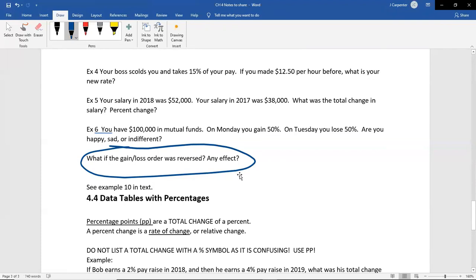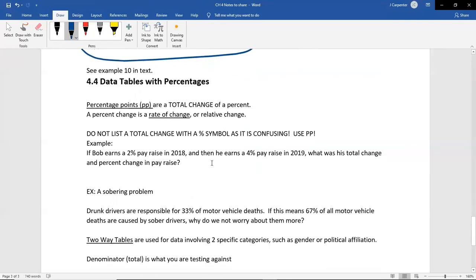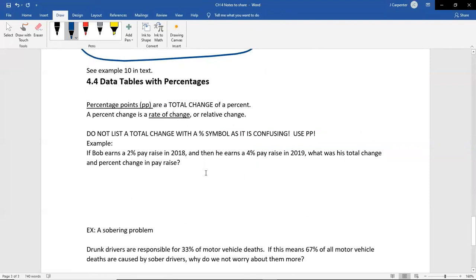All right. We talked about our total change with percentage points in 4.4. And we did that problem with Bob. We talked about the very important language because otherwise it's confusing, and we talked about why it's confusing, how we say percentage points when we're talking about a total change of a percent.